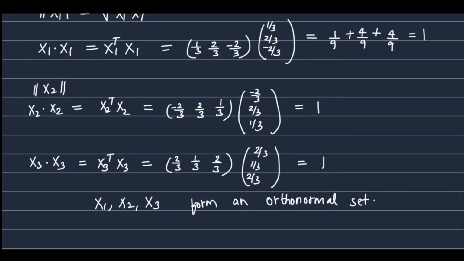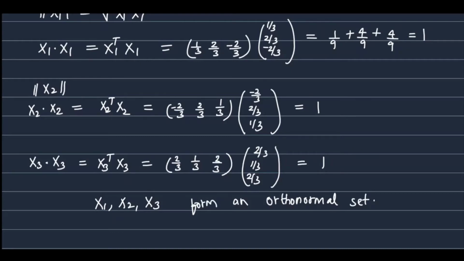So if an n by n matrix A is orthogonal, then its columns will form an orthonormal set. Conversely, if the columns of a matrix form an orthonormal set, we can say that the given matrix will be an orthogonal matrix.